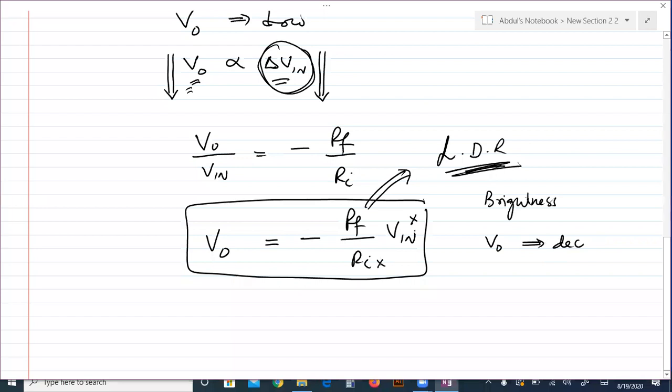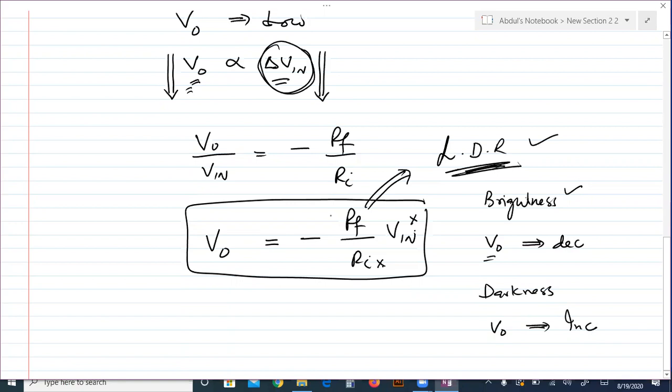Because when this is constant, V naught is directly proportional to RF. So in the bright light, output decreases. But when the surrounding is dark, the resistance of the LDR increases, so the output from this operational amplifier will increase.